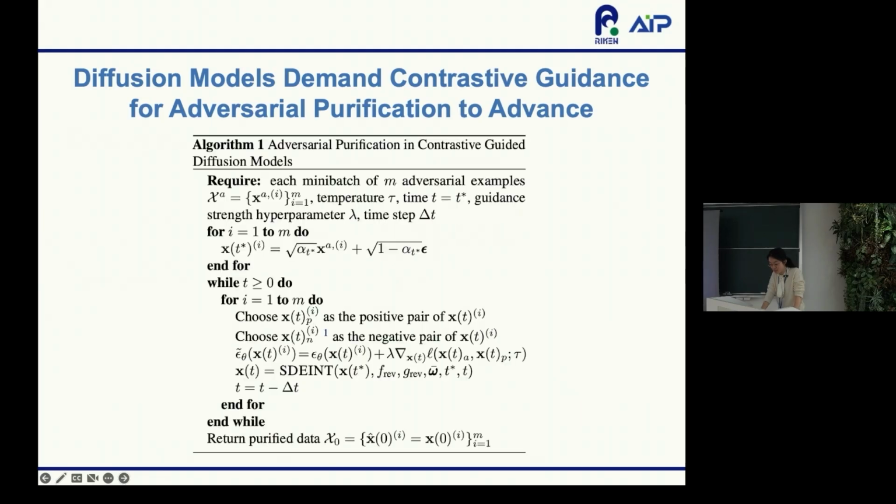So this is basically the pseudocode for our algorithm design. It's just the same as we discussed previously. But one thing I want to highlight is that here we still rely on solving the diffusion model's SDE, like solving the reverse process.